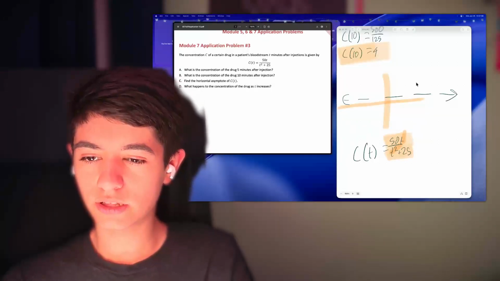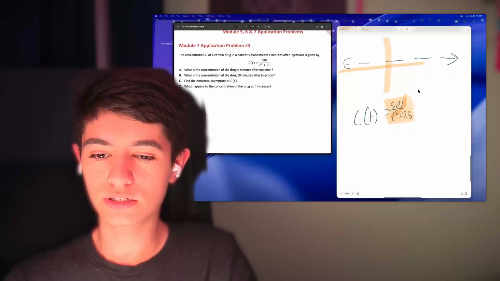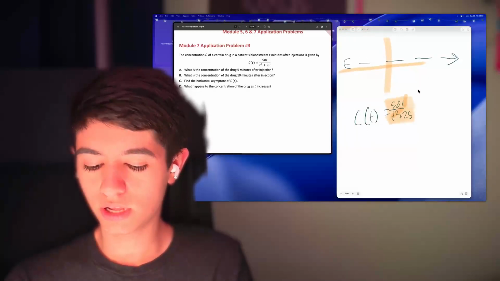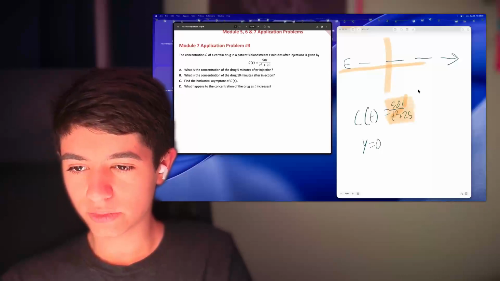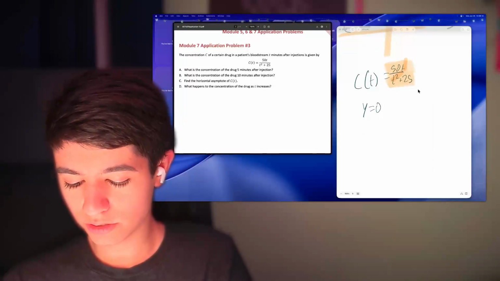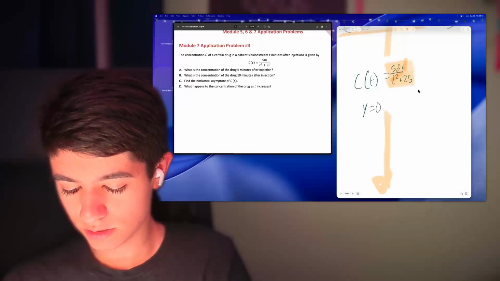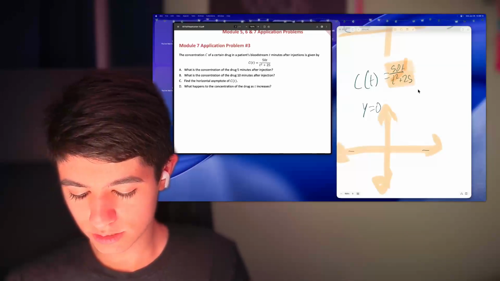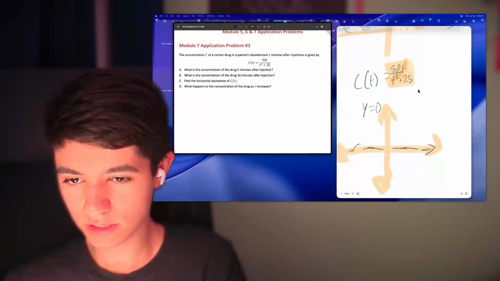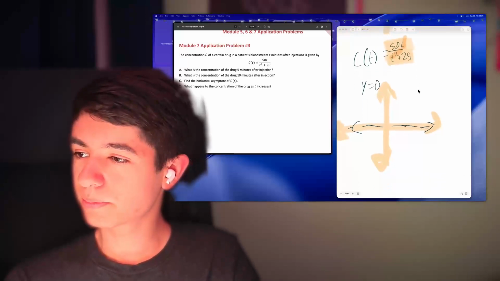So because the degree of the denominator is higher than the numerator, the horizontal asymptote is always y equals 0. So on a graph, the horizontal asymptote would just run along the x-axis like this, y equals 0.